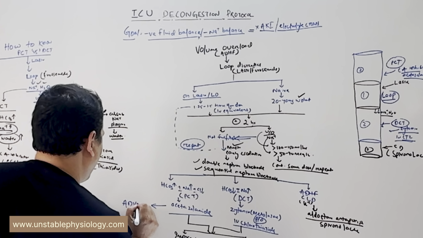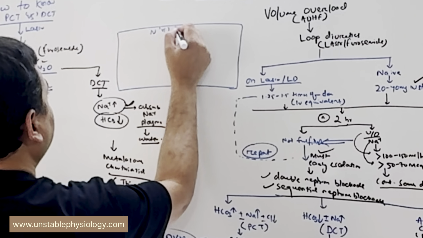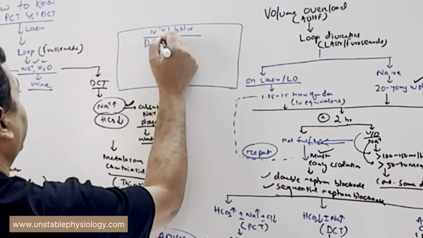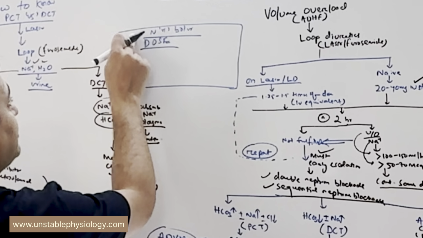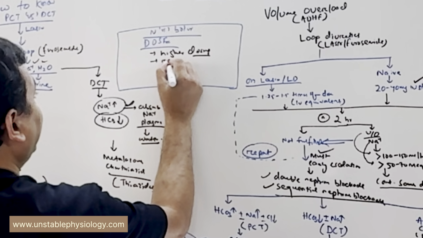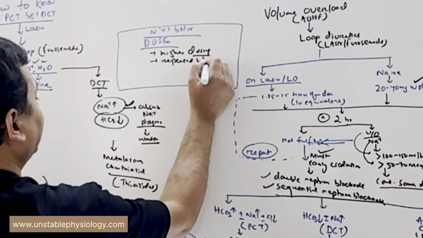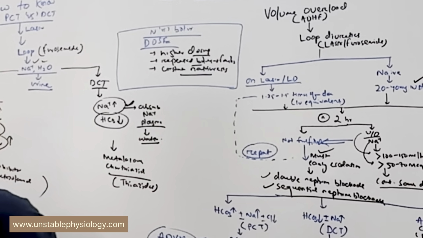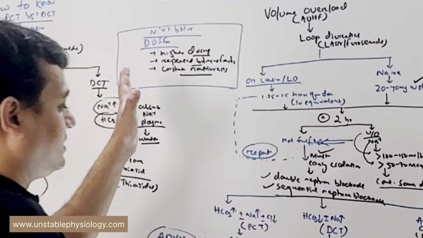And there is always a confusion about IV infusion versus bolus. The DOSE trial has been done, which showed there is no difference. So I choose continuous IV infusion over bolus in situations where I need higher dosing, when repeated boluses I have given are failing, and I need a constant natriuresis. Otherwise, there is no reason why you should use infusion over bolus. They are both the same, except in these situations.